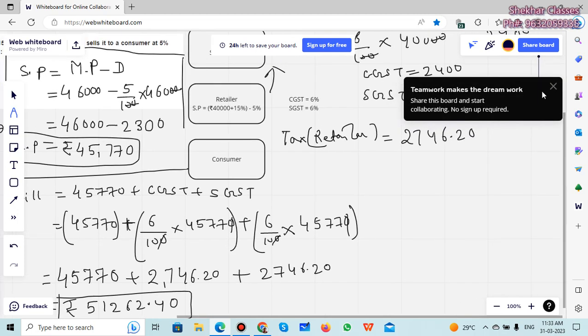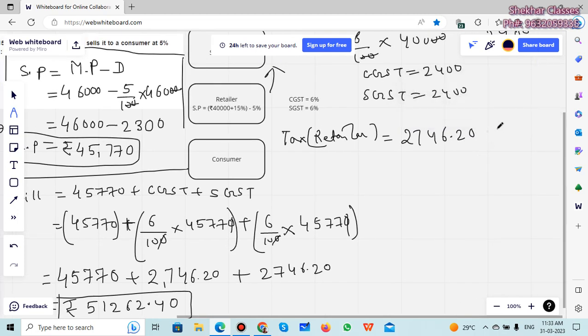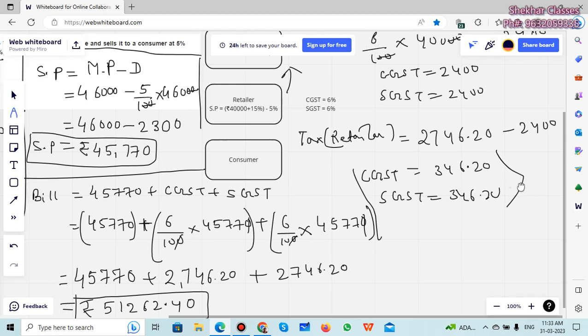And the input tax is 2400. If I subtract here, it will be 346.20. This is the CGST, and the same amount will be the SGST, paid by the shopkeeper, the retailer, 346.20, to the government.